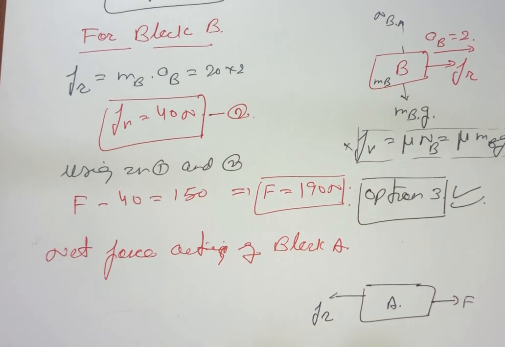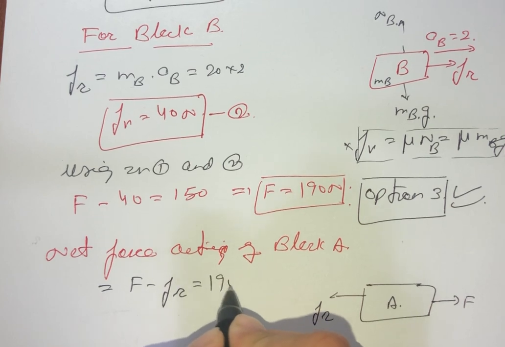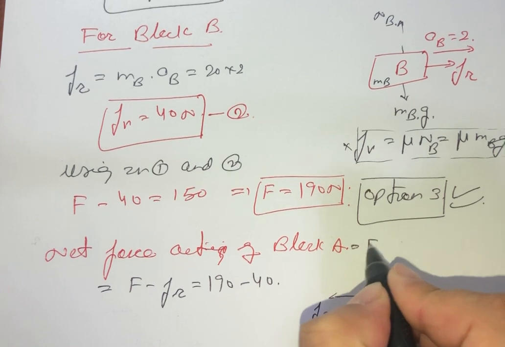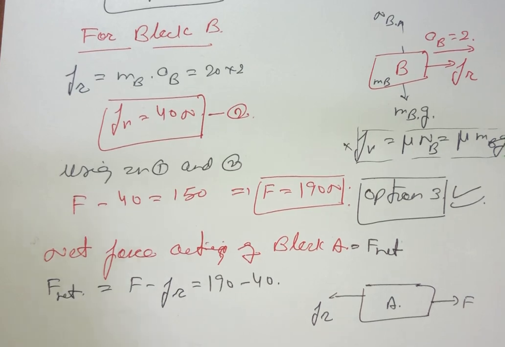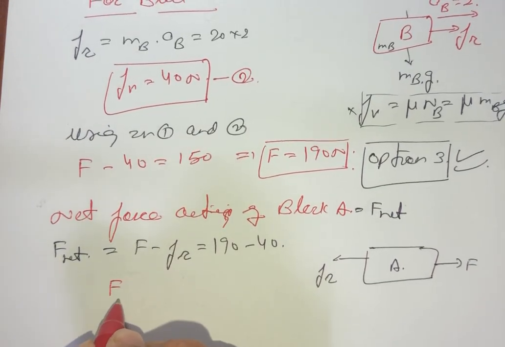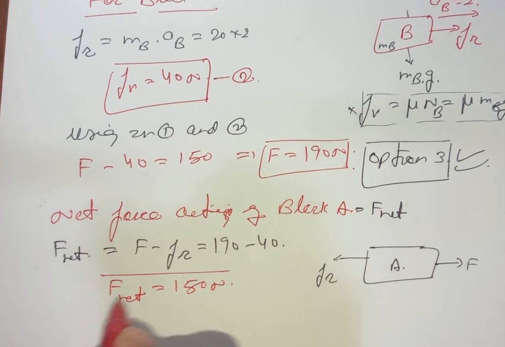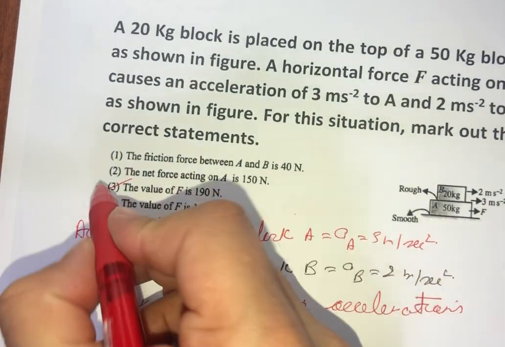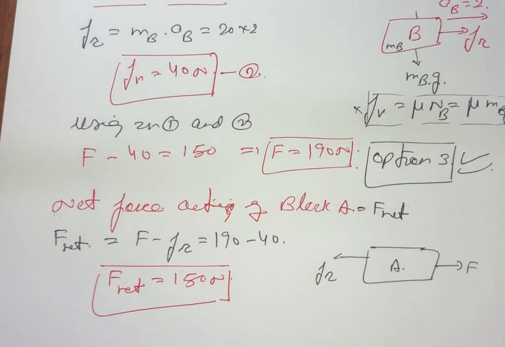So net force will be equal to F minus Fr. F is 190, Fr is 40. Let us call this F net. So F net will be equal to 150 Newton. So the net force is 150 Newton. So this is option number 2, the correct option.